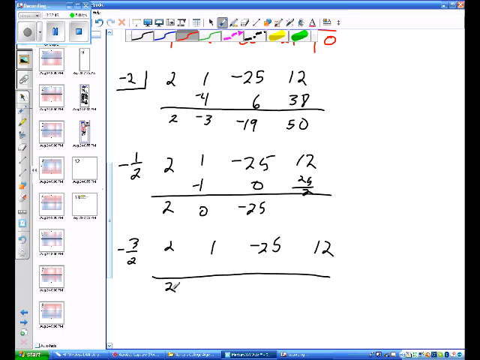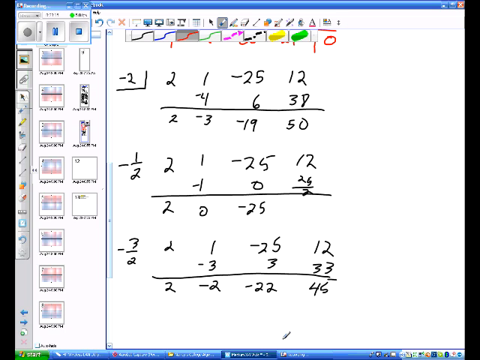Half of 2 is 1 times -3 is -3. Half of 2 is 1. This is -1 times -3 is +3. Half of 22 is 11, so this would be 33, and that would end up being 45. So the -3/2 isn't working.